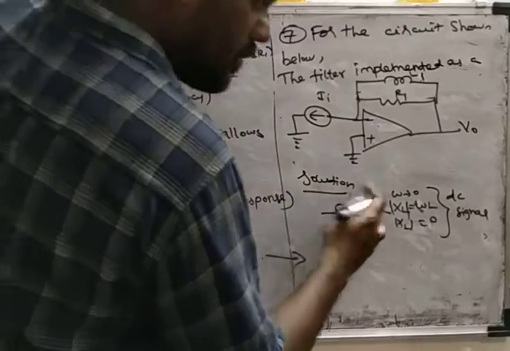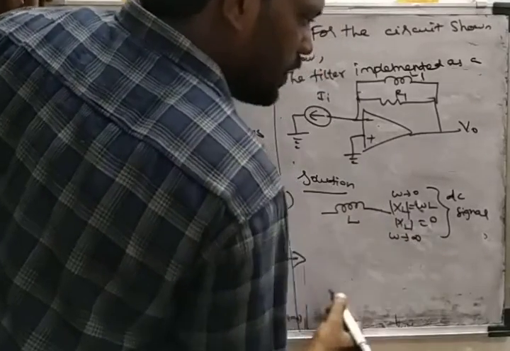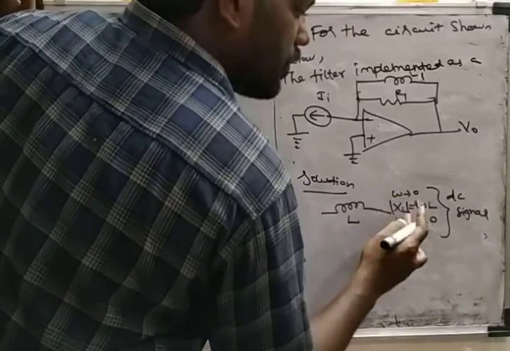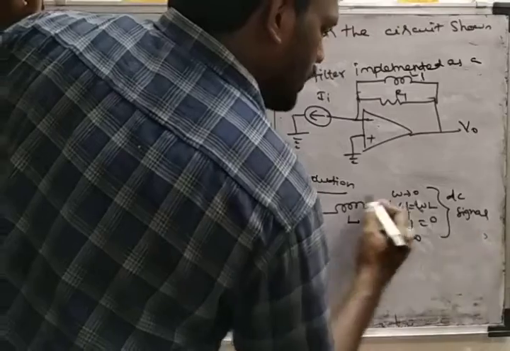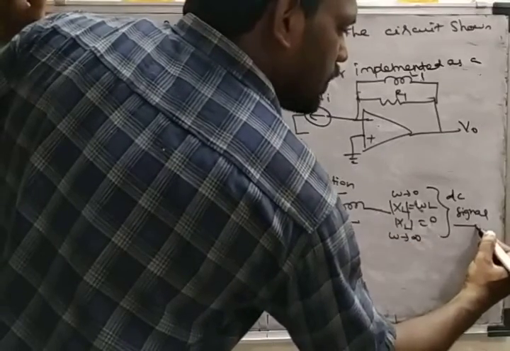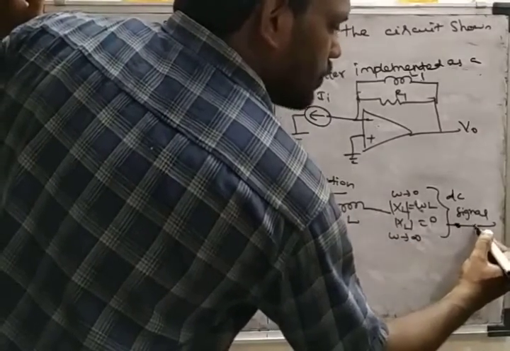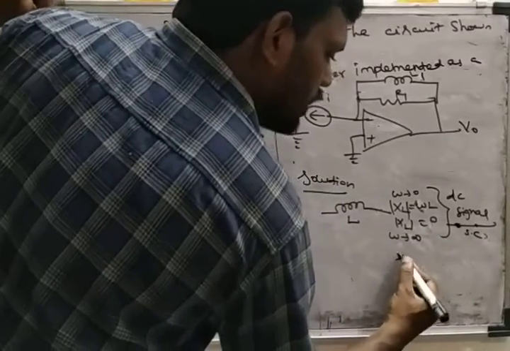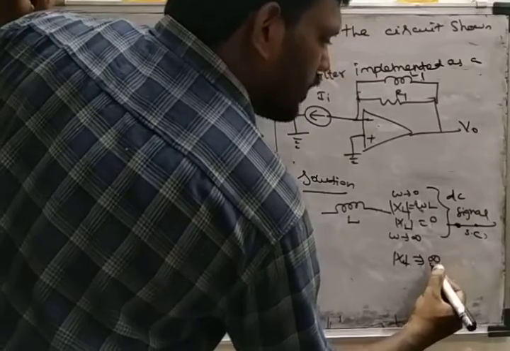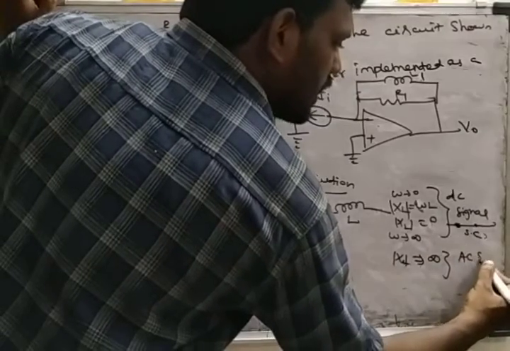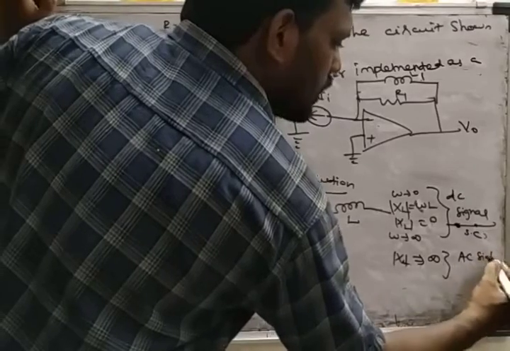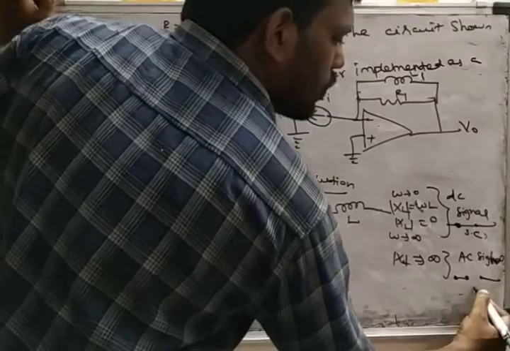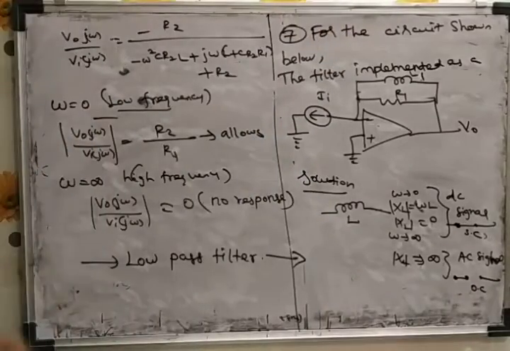Inductance allows DC signal, so we can consider inductance as a short circuit for DC signal. If omega is equal to infinity, XL will be infinity, and for an AC signal or very high frequency signal, inductance behaves like an open circuit.